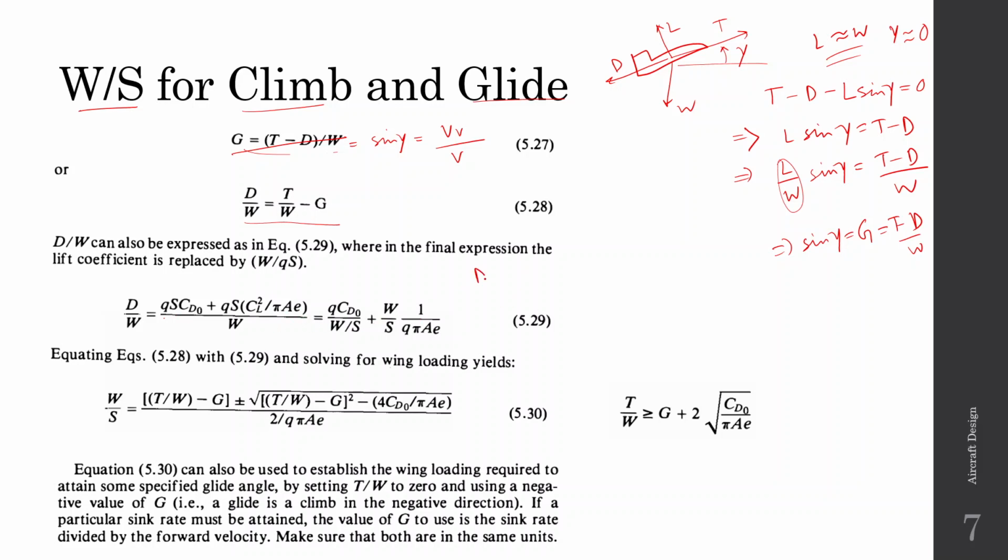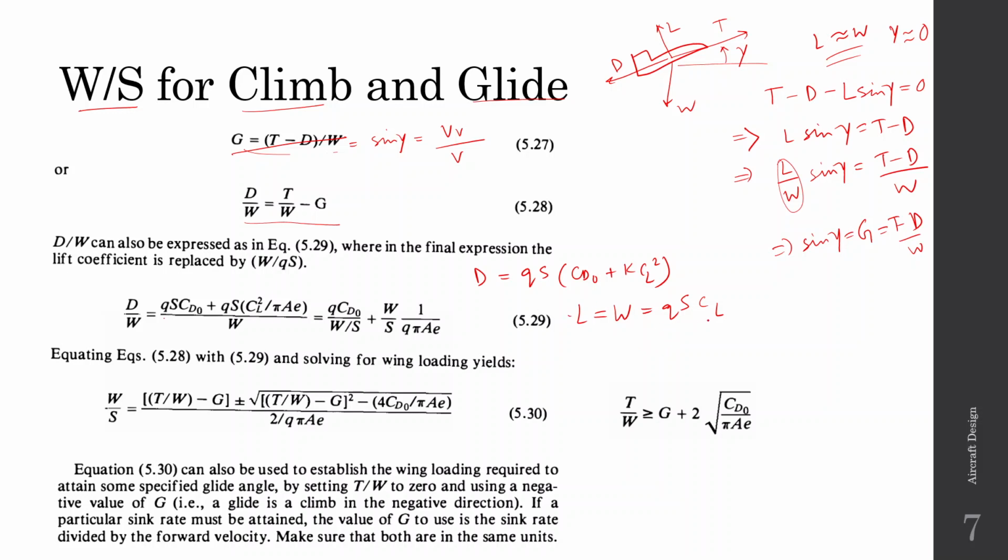So you can write drag is QS times CD naught plus K CL square, and lift is equal to weight, which is equal to QS CL.